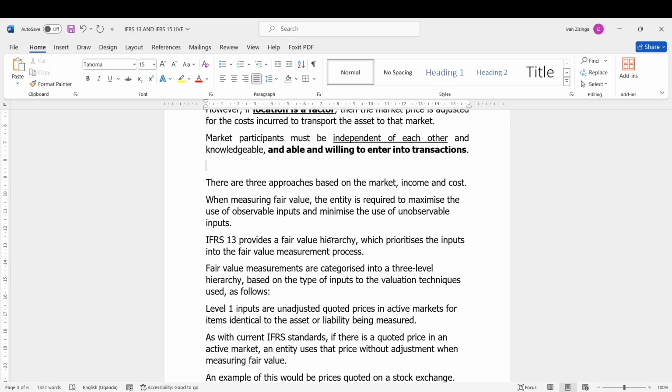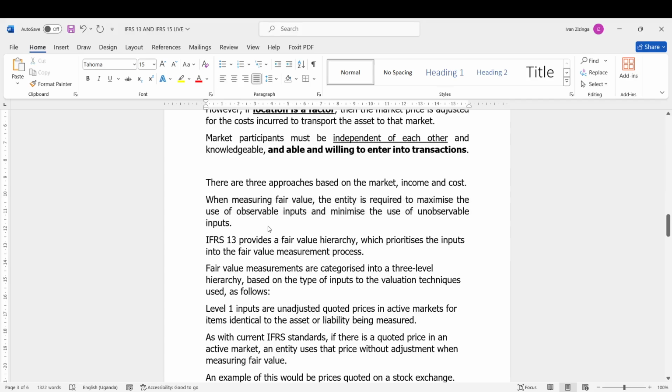That is not an observable input. It is rather an unobservable input. So we should always give priority to observable inputs, and only then consider the unobservable inputs.